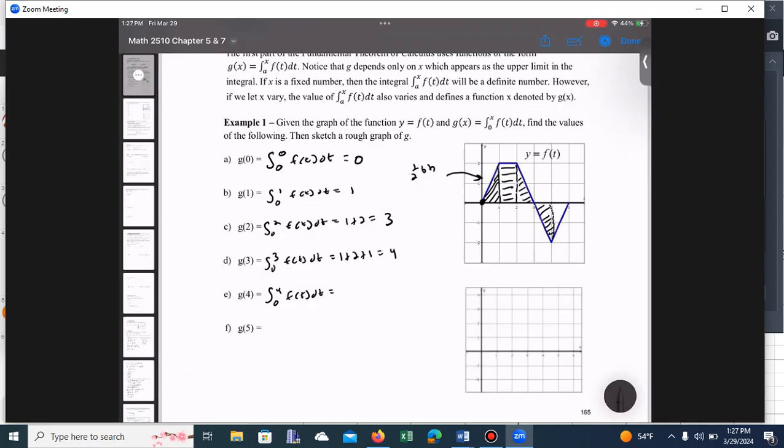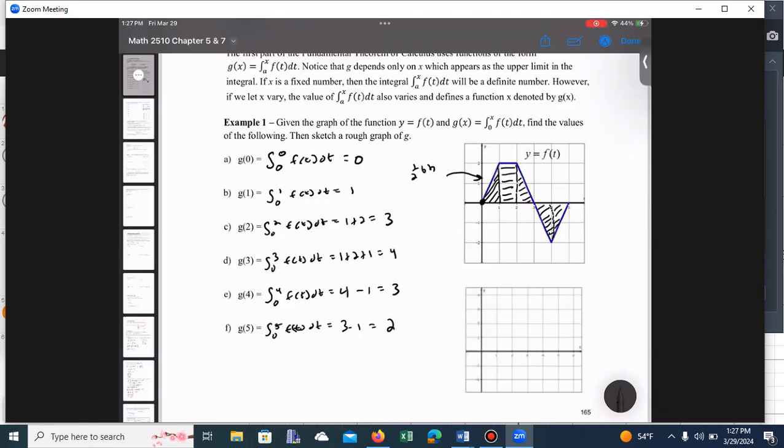So we have the top part, which is 4 again, minus 1. So we'll be back at 3. And then from 0 to 5, we're also subtracting this part, which is also 1. 3 minus 1 will be 2. So those are the areas.